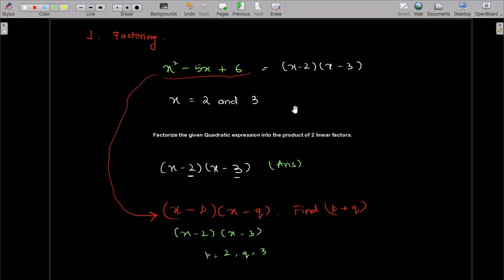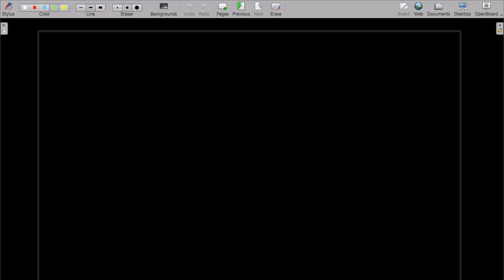Okay, let's move on to the next method, Anishka, that is the method of completing the square. Do you know about the completing the square method? Perfect.